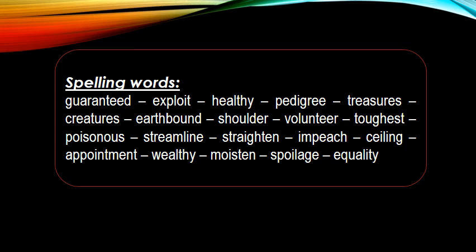Volunteer, EE. Toughest, OU. Poisonous, OI, and I even have OU also. Streamline, EA. Straighten, AI, and you see GH is silent.